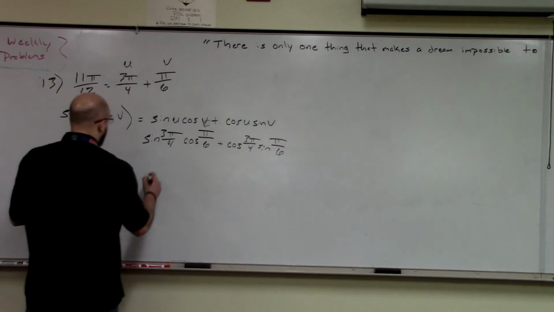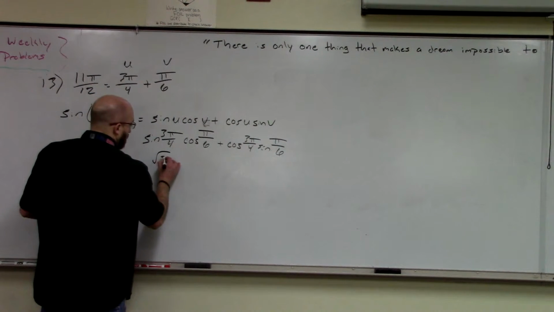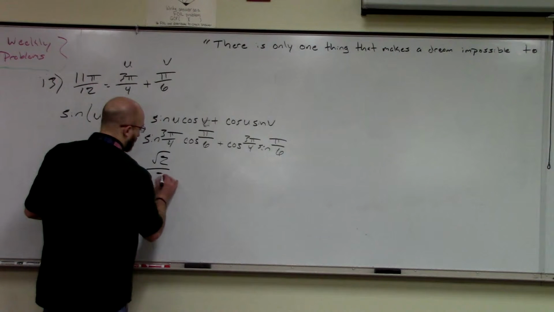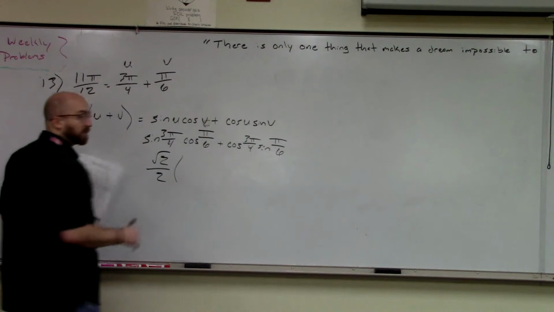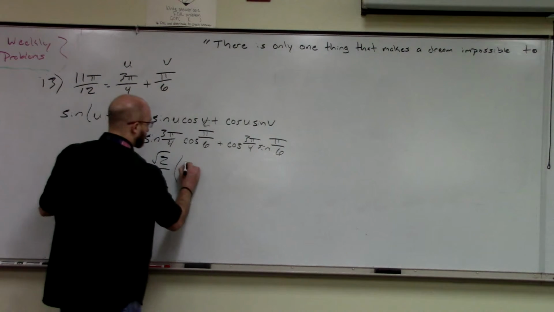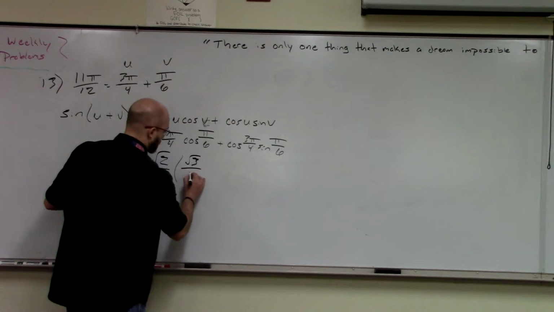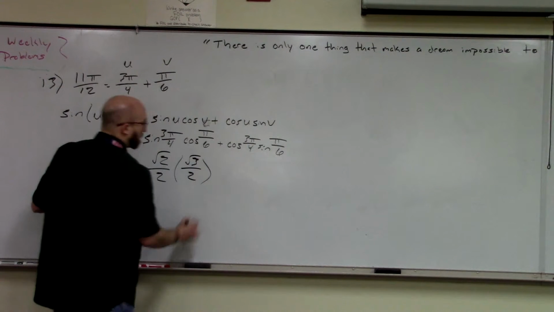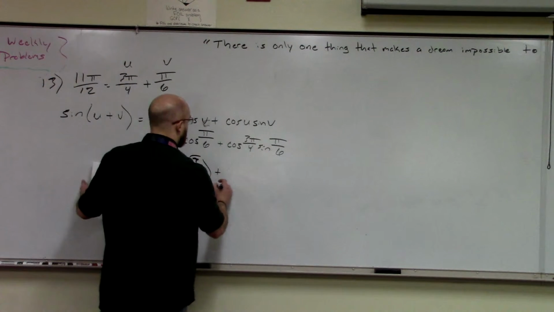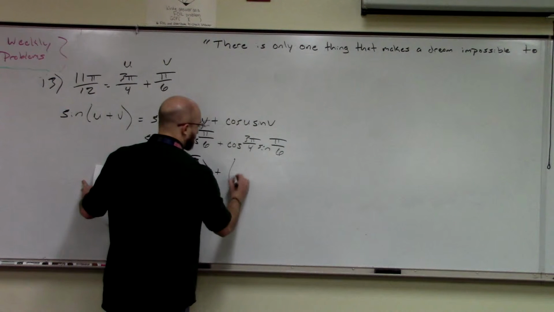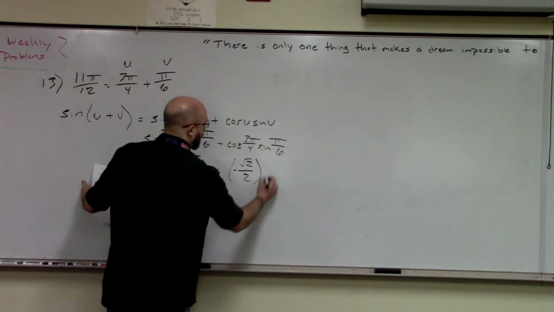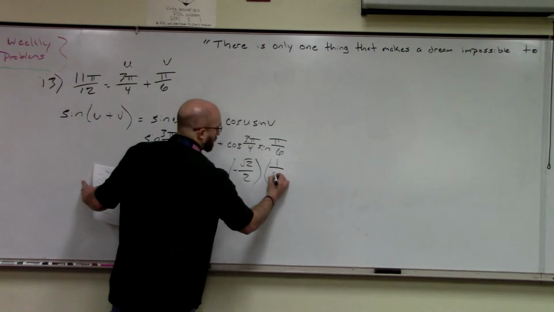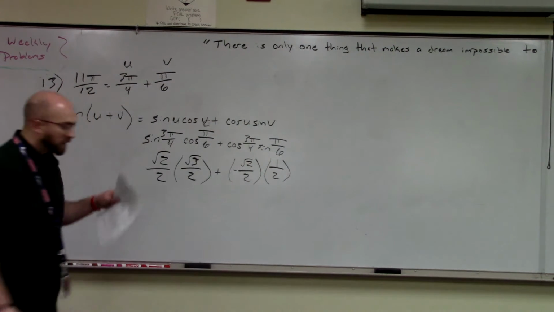Sine 3 pi over 4 is square root of 2 over 2 times cosine pi over 6, which is square root of 3 over 2. Plus cosine 3 pi over 4, and make sure it's a negative square root of 2 over 2, and then this one's going to be 1/2, sine pi over 6.